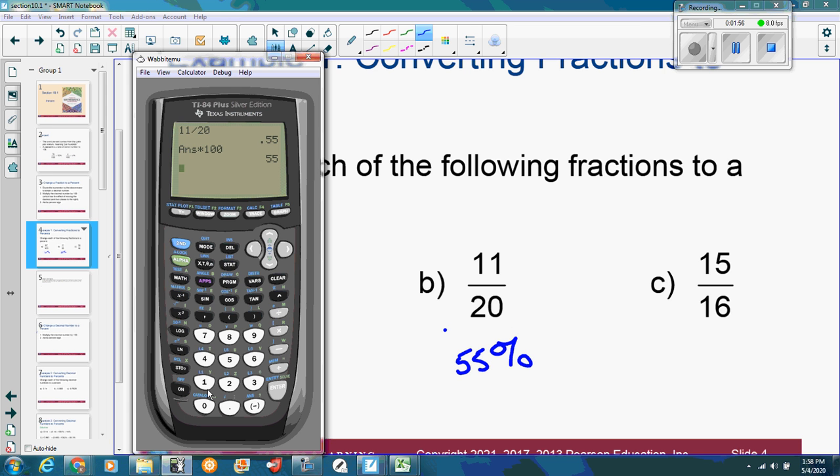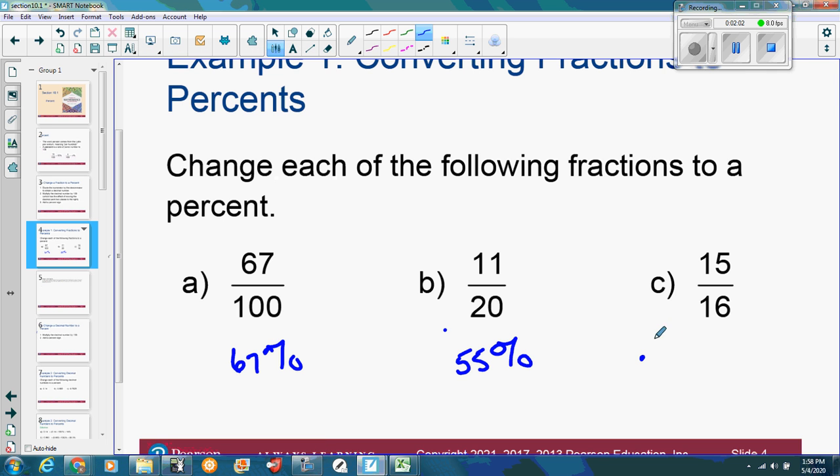I'm going to do 15 divided by 16. So now for this, I got 0.9375. Now you can multiply it by 100, but all you have to do is move it 2 places to the right. That's 93.75%. That's all you have to do to change from a fraction to a percent.